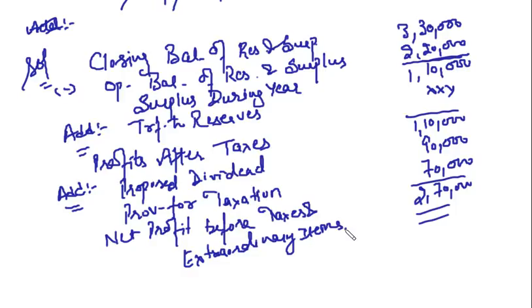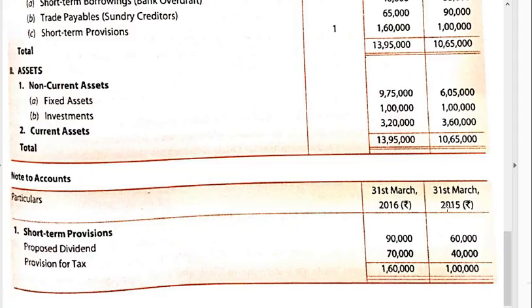Clear? Now you might ask, if you see the question, sir, what is the relevance of these two amounts, 60,000 and 40,000? Friends, this was the dividend proposed last year. Last year, they proposed a dividend of 60,000. Now, this dividend might have been paid this year.